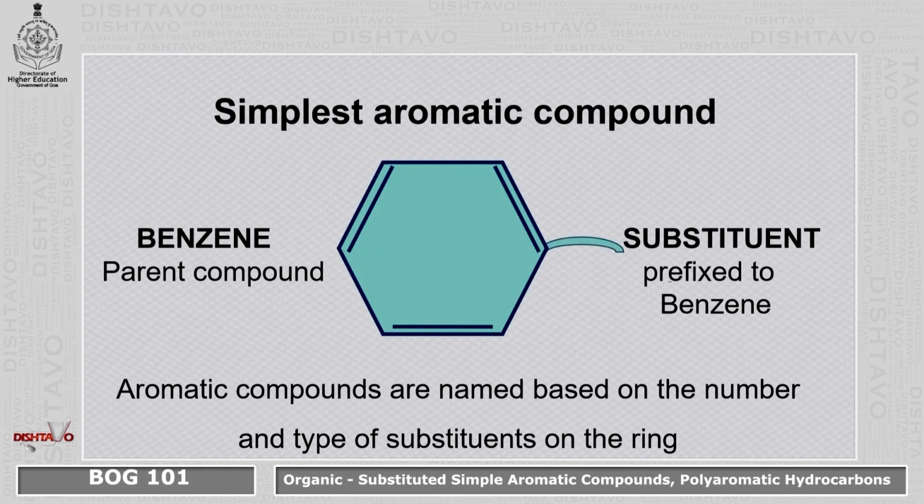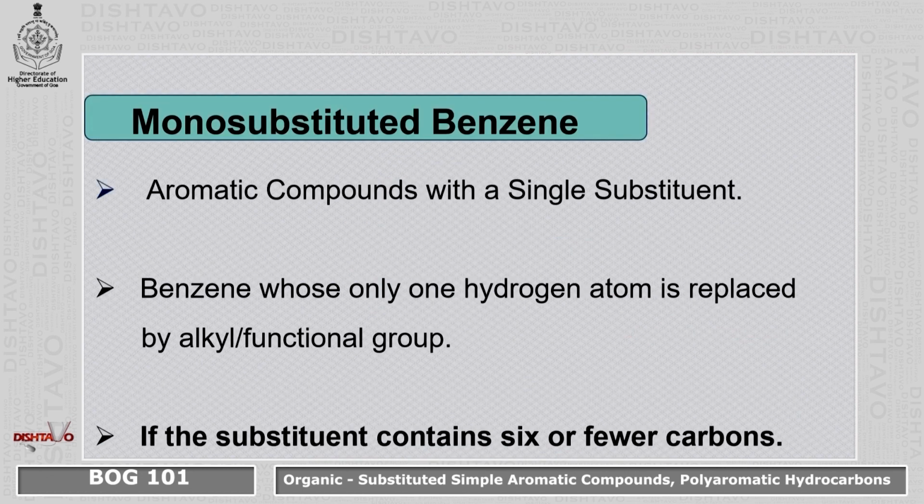The simplest aromatic compound is benzene, which is the parent compound. And from this, when you have a substituent on it, it is always prefixed to the benzene. These aromatic compounds are named based on the number and the type of substituents on the ring. Very important. Now, let's see the first one.